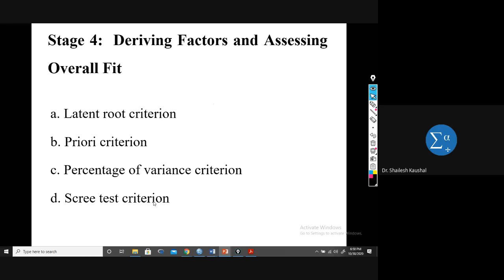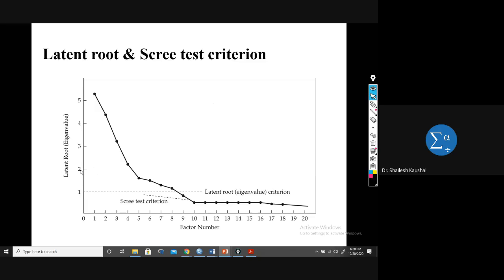And scree test criteria. Scree test and latent root criteria, basically I'm talking about eigenvalue. So this is the eigenvalue or latent root criteria. What should be the value? Generally we take the minimum value as 1. Above the 1 eigenvalue, we take all the factors.